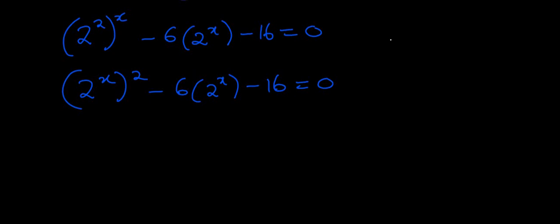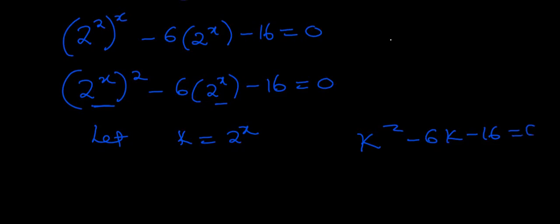Then this is simply going to be the same as, we do the replacement here now. You let k be equal to 2 to the power x. So here you put your k, here you put your k. This is going to be k squared minus 6k minus 16 is equal to 0. With the product-sum factor method we'll have k squared minus 8k, then plus 2k, then minus 16, equal to 0.